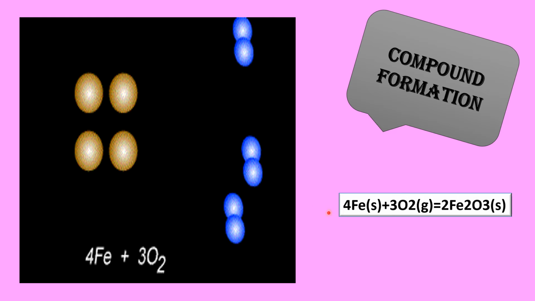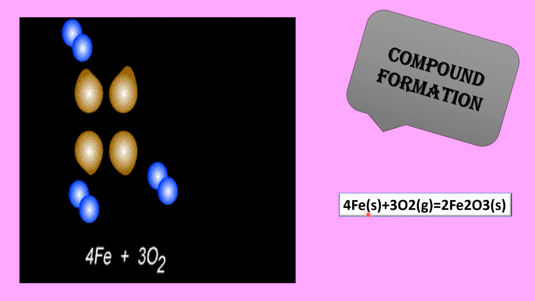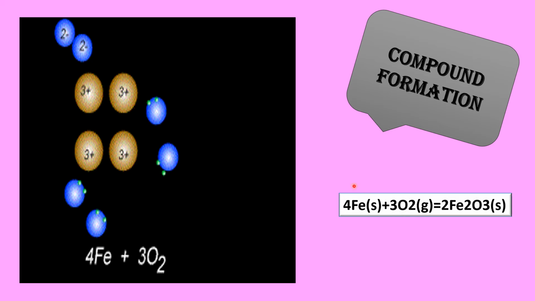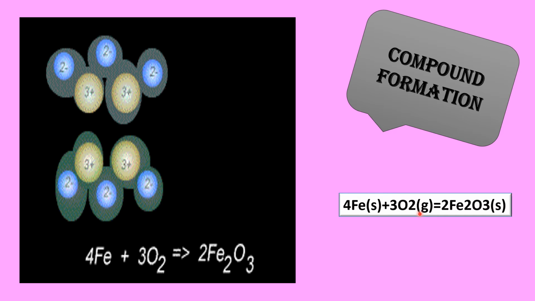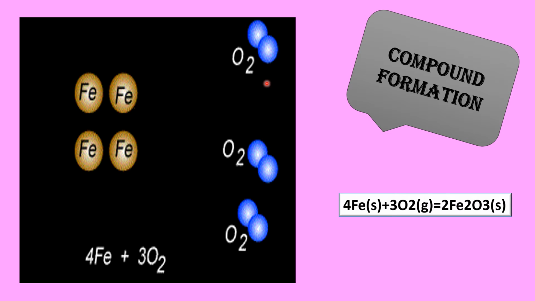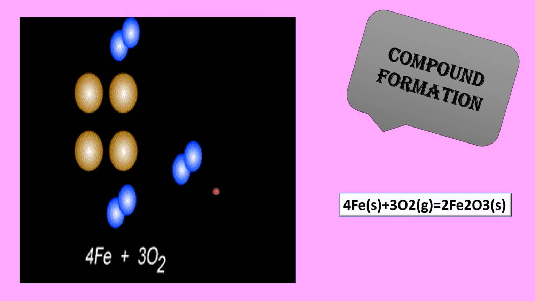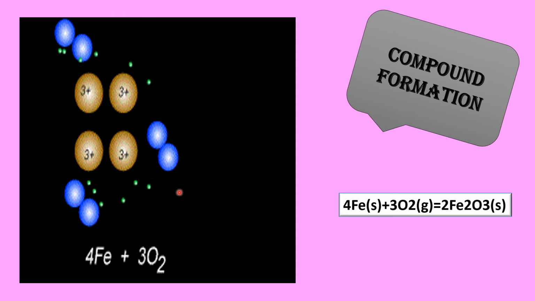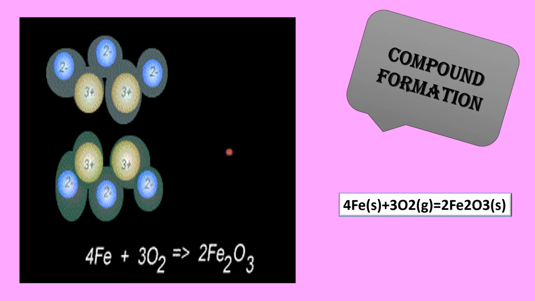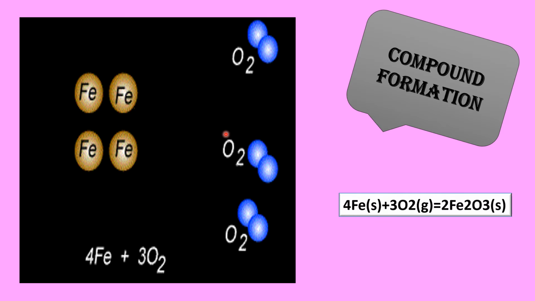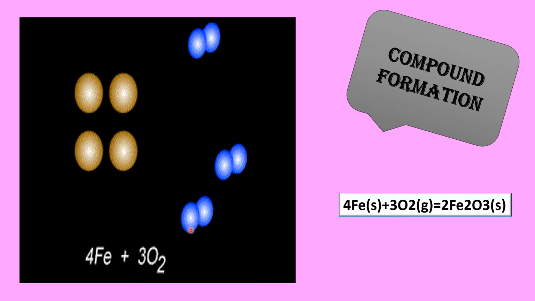Now see the formation. Iron is an element and oxygen is a gas. When two elements react to form a compound. Okay. Now see here, 3O2. That means 3 molecules of oxygen. This blue color 3 molecules of oxygen, and each molecule of oxygen contains 2 atoms of oxygen. That's why 2 atoms, here also 2 atoms, here also 2 atoms of oxygen.